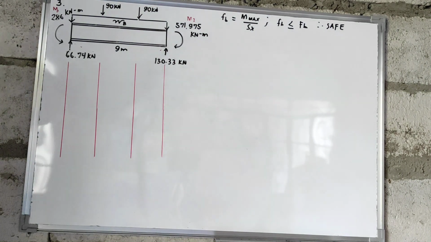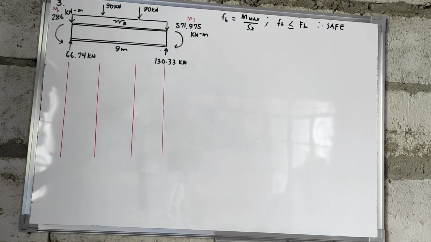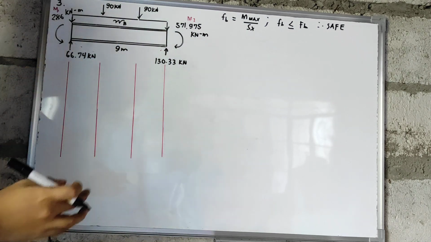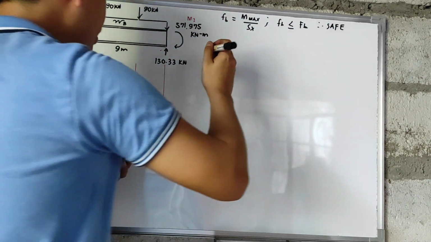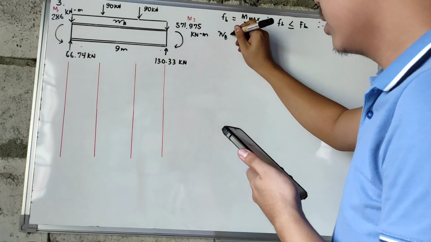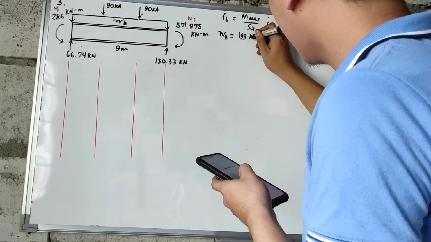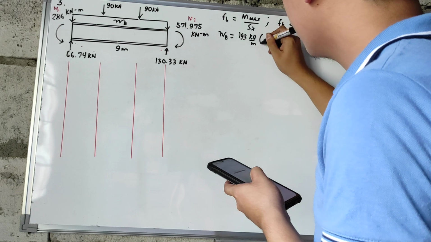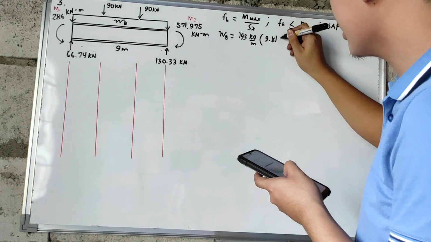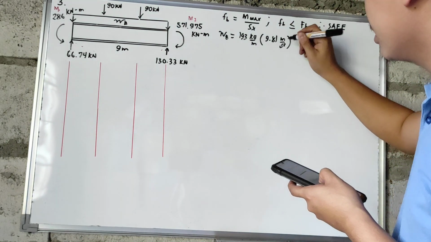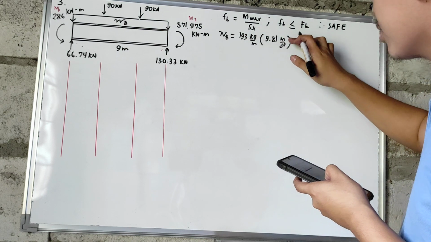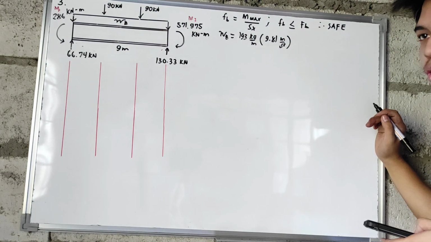Okay, solve natin. Siyempre, kunin muna natin yung value ng weight ng beam natin. So, the weight of the beam is 193 kg per meter. Multiply natin yan by 9.81 meter per second squared. Etong kilogram meter per second squared, that will become Newton.